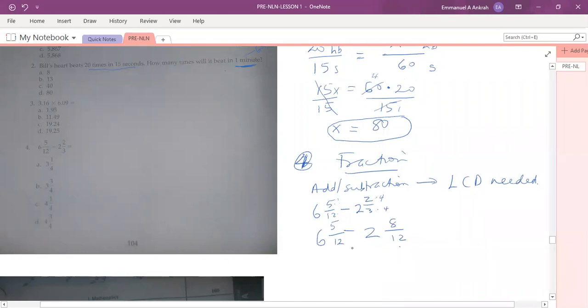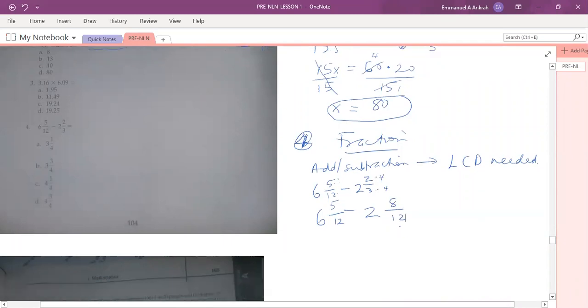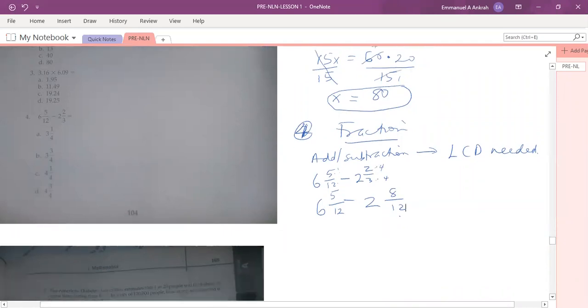Then I can subtract. But look at what I'm going to do here. Did anybody change to a mixed number before doing this problem? I did.